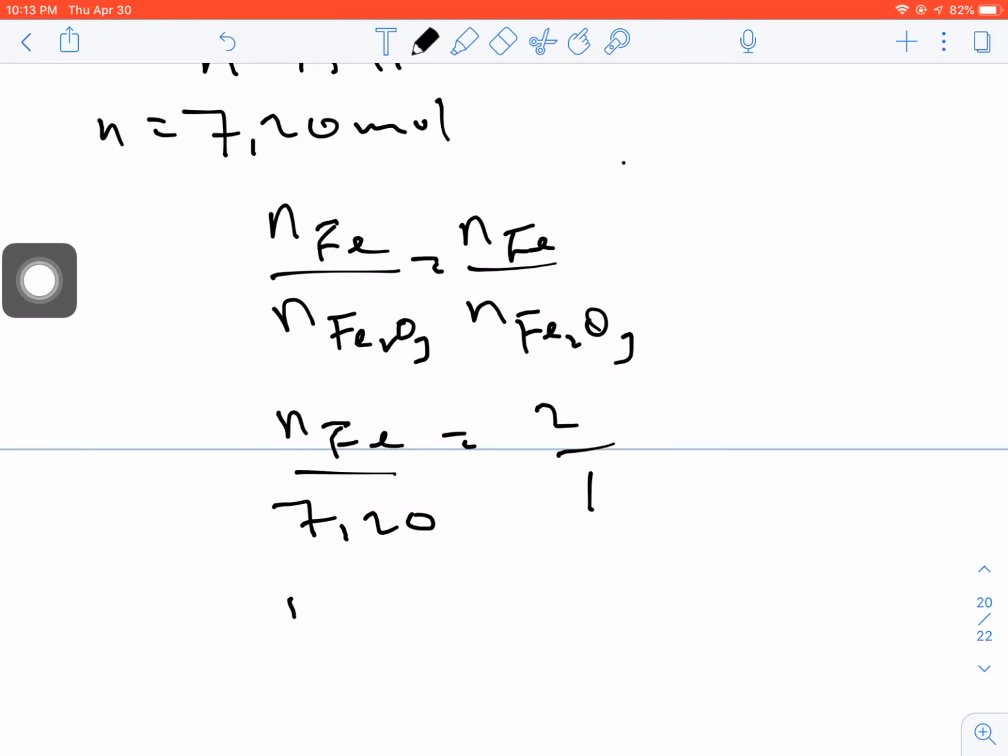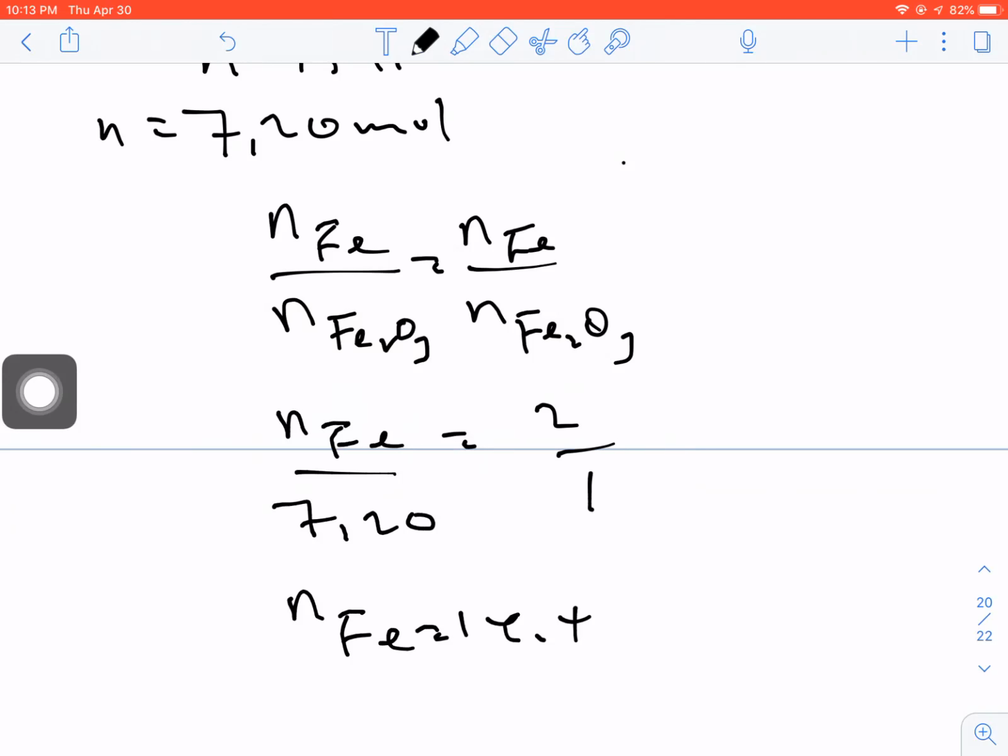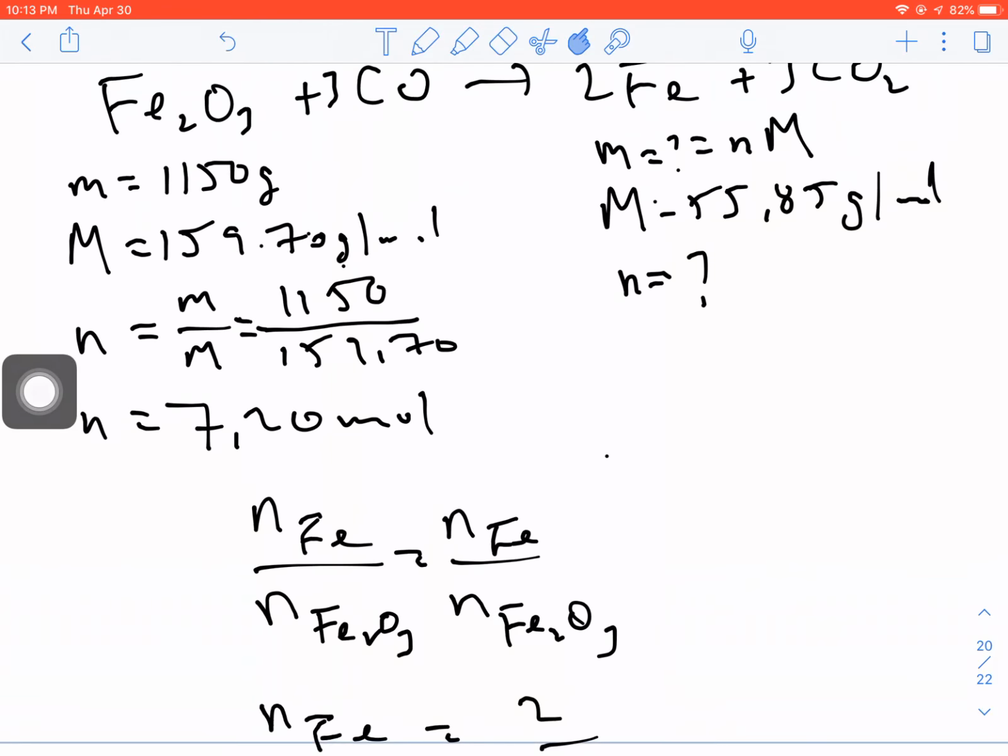So if I'm trying to find my number of moles of iron, it's going to be 7.2 times 2, which is 14.4, divided by 1. So I'm going to get 14.40 moles. Okay, now I know my number of moles, 14.40. I can put it in here.